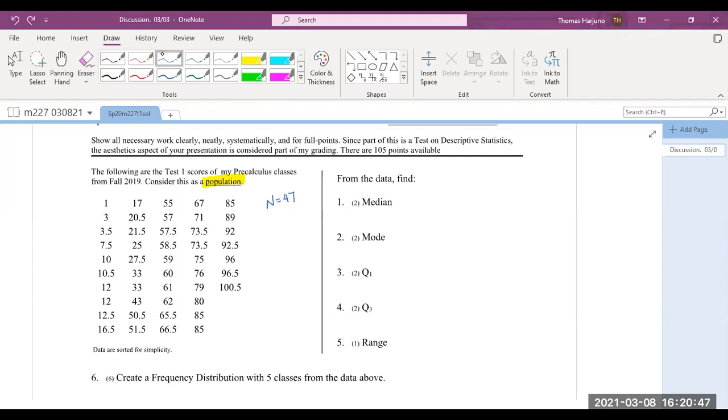Okay, let's start. It is a population, so capital N, the population size, is 47. To find the median, let me find the position first. That's position number 24, right? Position number 24 is 58.5.